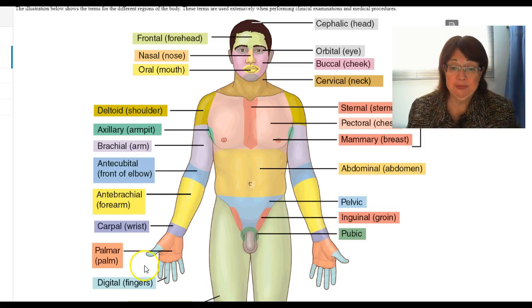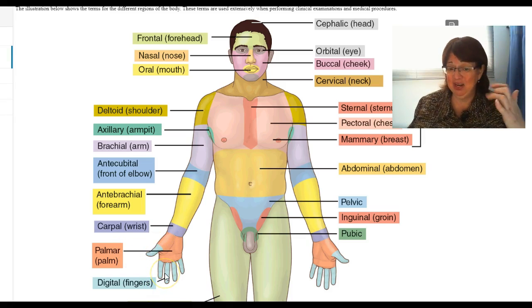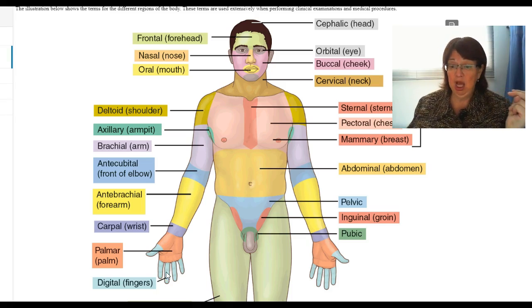Okay? Good. Carpal, you may have heard of carpal tunnel syndrome. The carpal is your wrist bones. Palmar, sounds like palm. Digits are your fingers, so you may have had a digital examination where they take your fingers and put it in a hole. Okay, buccal is cheek.